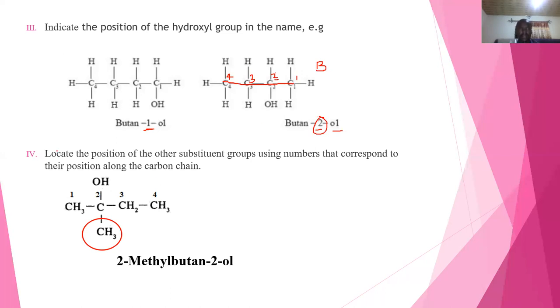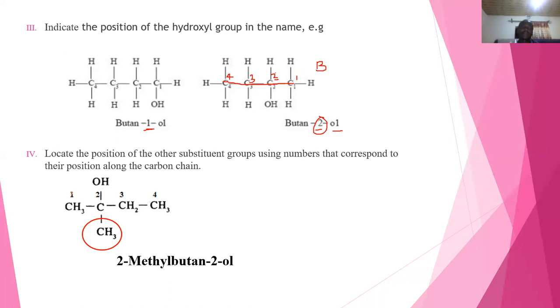Locate the position, that is rule number 3: locate the position of the other subsequent groups using numbers that correspond to their position along the carbon chain.